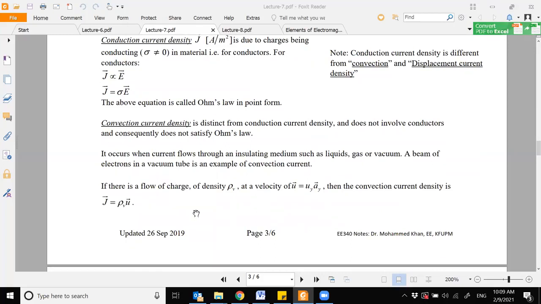Okay. So how do we represent convection current? Again, convection current is a vector.